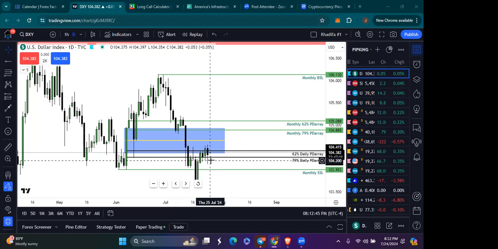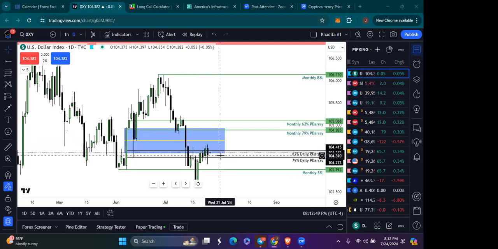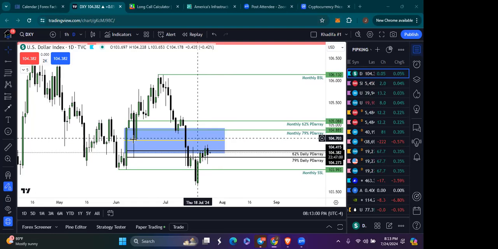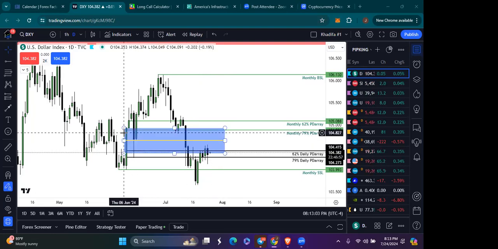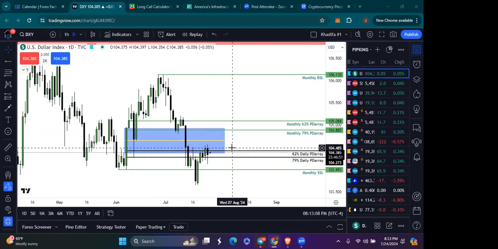I'll let Corman go over the fundamentals for the last couple of days of the week. I want to see if we push down aggressively off of the levels, or if we can break above consequent encroachment of this daily fair value gap that we're inside also, and close above consequent encroachment.